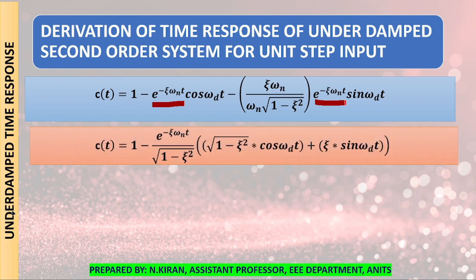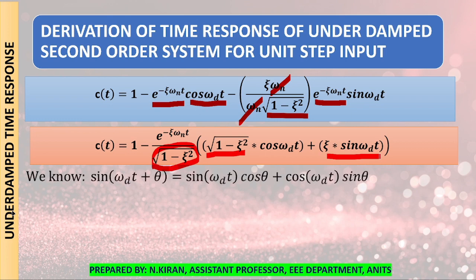So I take e power minus zeta omega n t divided by root over 1 minus zeta square as common from both the second and third terms. Since this term is not present in the second term, when I take it as common the only term left there is cos omega d t. In the third term, omega n will get cancelled, and I'll get the value as zeta into sine omega d t.